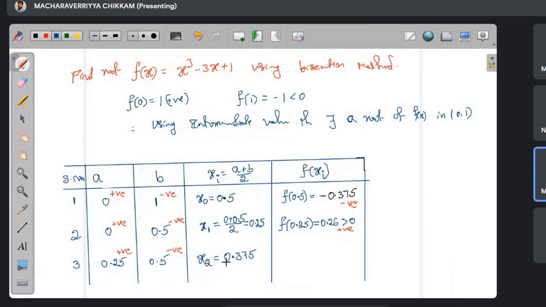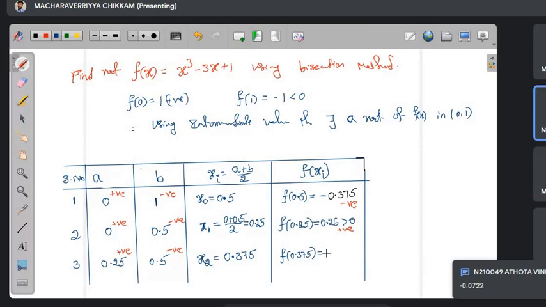Okay, so here you got x2. Now again you are going to see f of 0.375. So is it positive or negative? You tell me. If you tell its value, that is also fine. Okay, minus 0.07. All right, it is negative. So you can see that the guy is negative here.